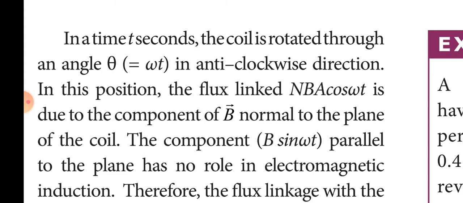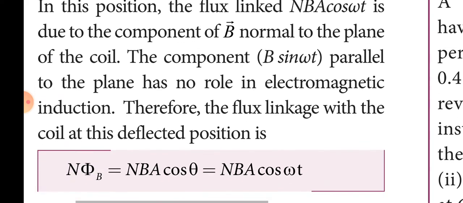In a time t seconds, the coil rotates through an angle of theta equal to omega t in the anticlockwise direction. So in this position, the flux linked is NBA cos omega t, due to the component of B normal to the plane of the coil, and the component of B sin omega t, which is parallel to the plane of the coil, has no role in electromagnetic induction.